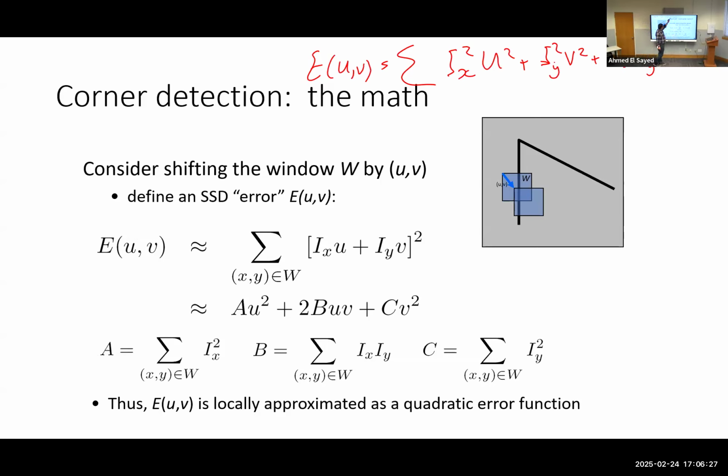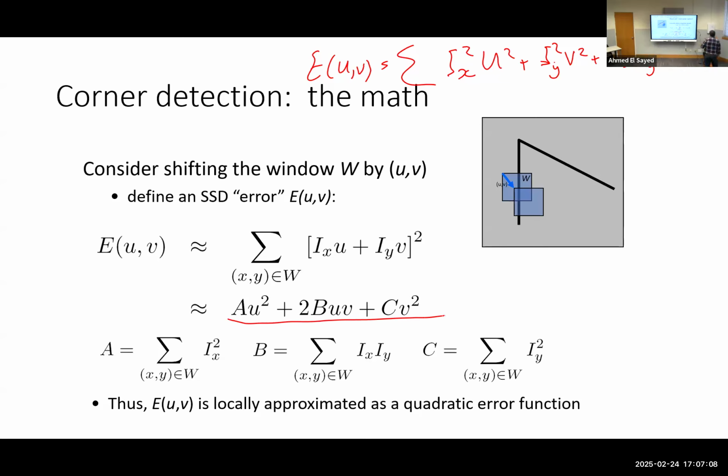Now, I will take the sum of IX squared and I will call it A. I will take the sum of IY squared and I will call it C. And I will take the sum of IX IY and I will call it B. So the summation is now included inside those A, B, and C. So the equation now becomes like this: A U squared plus 2B UV plus C V squared.